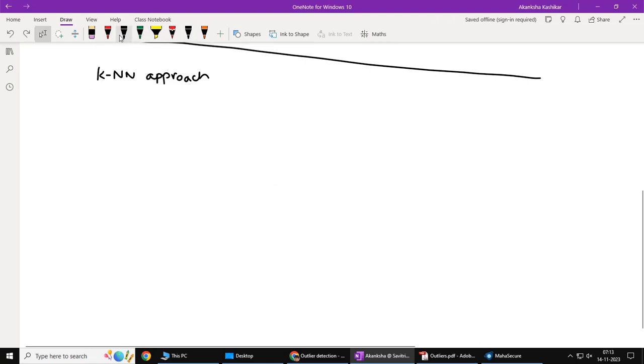Okay, so let me call them maximum distance based approach and the next one is average distance based approach. So these are two separate approaches, but both of them are actually based on k nearest neighbor concept.